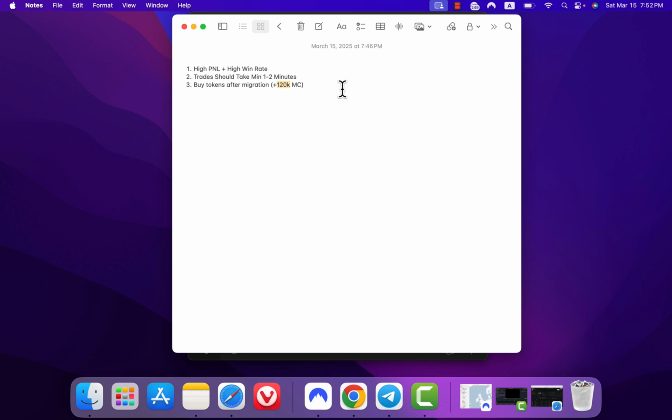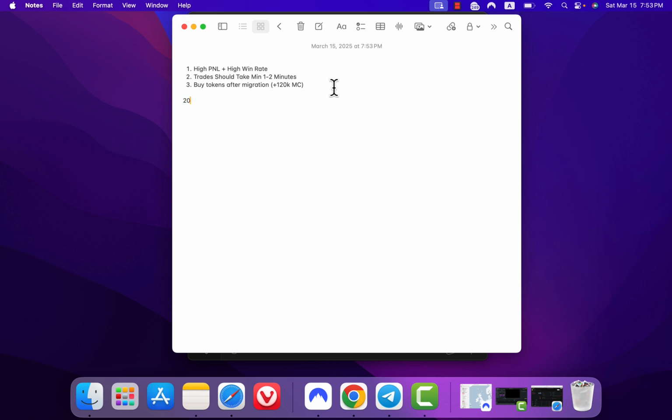Why we're doing this? Because this wallet is great for copy trading because it has high PNL, high win rate, and his trades take hours. But these kind of wallets usually have some copy traders, and after a while they start farming the copy traders. They will buy some tokens with, for example, $10,000 or $20,000 market cap.